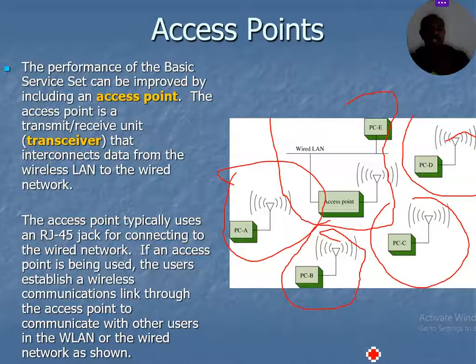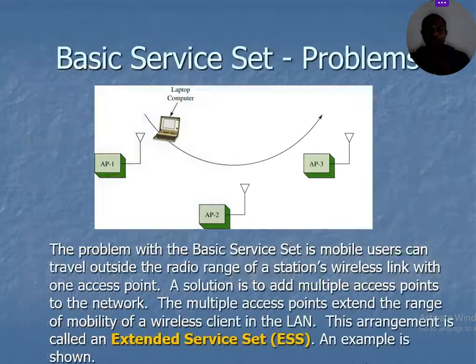If an access point is being used, then the user establishes a wireless communication link through the access point to communicate with other users in the WLAN or in the wired network, as we've shown in this diagram. So the essence of the access point is to establish communication between the wired network and the wireless network. Okay, now let's move on quickly for the sake of time.